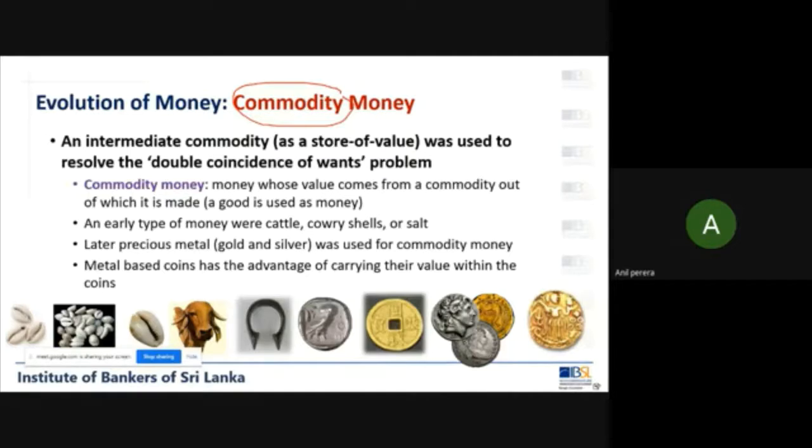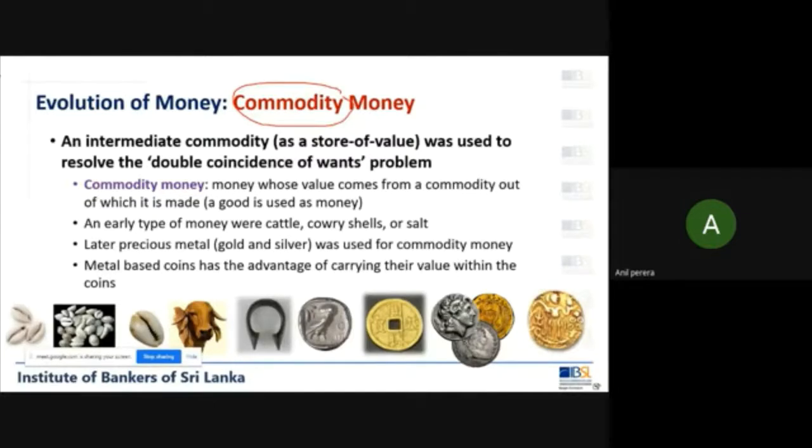That commodity is an intermediary to resolve the double coincidence of wants problem. If two people's wants are not matching, when you have an intermediate commodity, an intermediate object or item, that will facilitate your transaction.